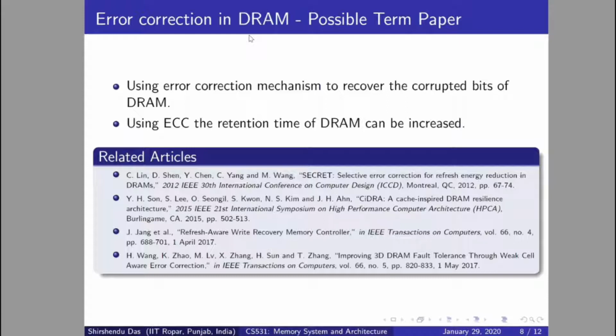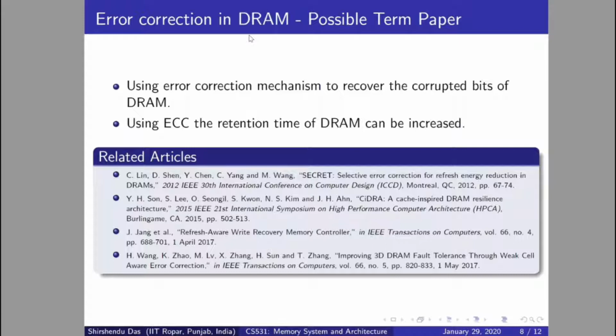If you have a very efficient error correction mechanism, it means you can easily extend the retention time. If you extend the retention time, it will improve the energy consumption and the access latency, and the efficient error correction will ensure that there is no error in the data. So that's why this research area is also important, and you can continue your term paper or your research further in this area.